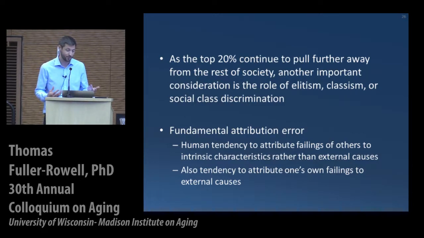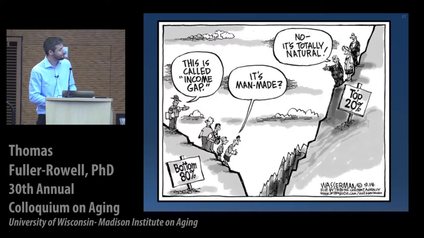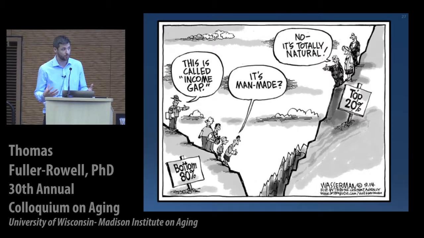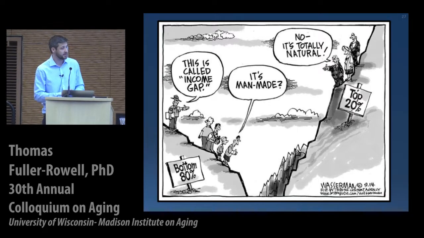So this is kind of self-protective in a way, right? But as the gap between the top and everybody else increases, it's possible that those at the top are starting to see their position as somehow just completely deserved and natural, and that as they look at those who have been more stagnant and haven't improved in their household incomes over the last several decades, they're starting to blame others for their own lack of progress.